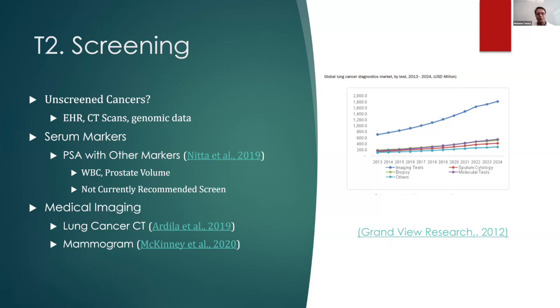We have been able to start to screen for prostate cancer using artificial intelligence with PSA, which is prostate specific antigen, which is secreted by the prostate and increased in prostate cancer, by combining it with white blood cell count and prostate volume. Also, I think screening is an important aspect because it's a huge area of healthcare expenditure. On this graph, it's projected that in 2024, we'll spend $1.8 billion on screening for lung cancer.